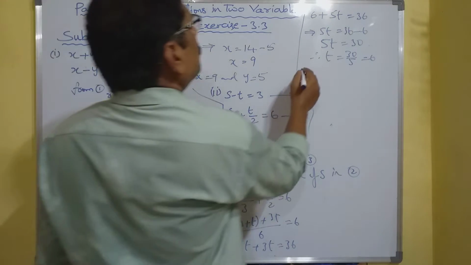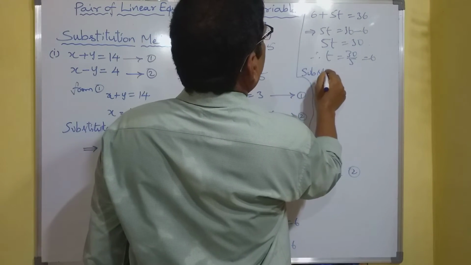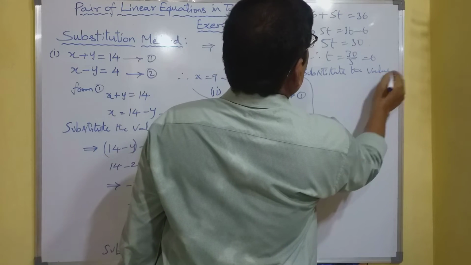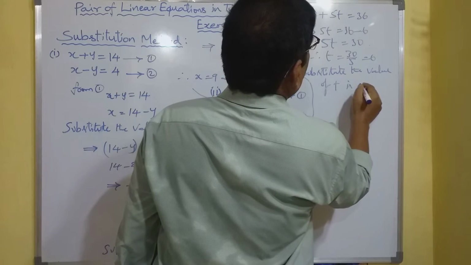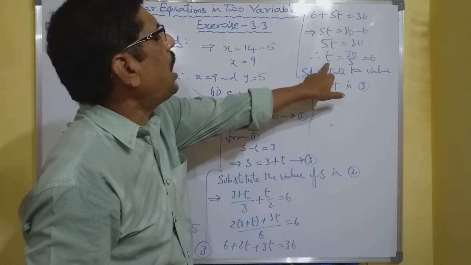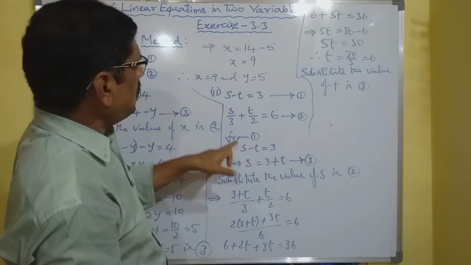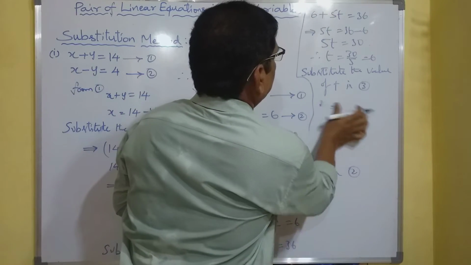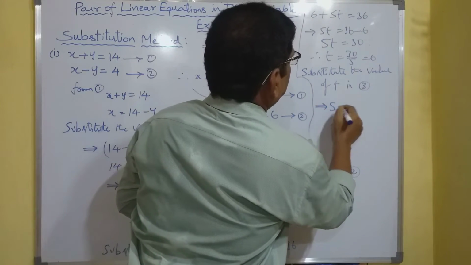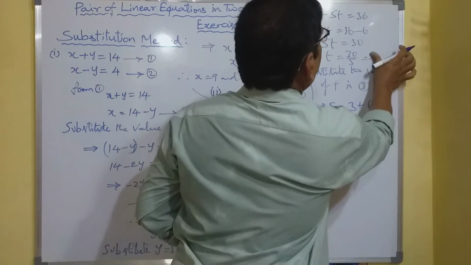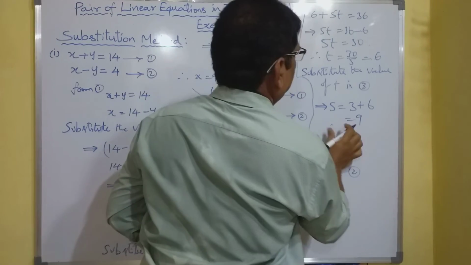Now substitute the value of t in equation 3. What is equation 3? s is equal to 3 plus t. 3 plus the t value 6, therefore that is 9.